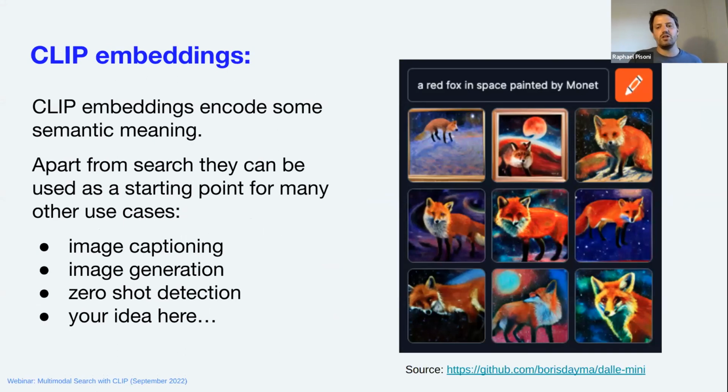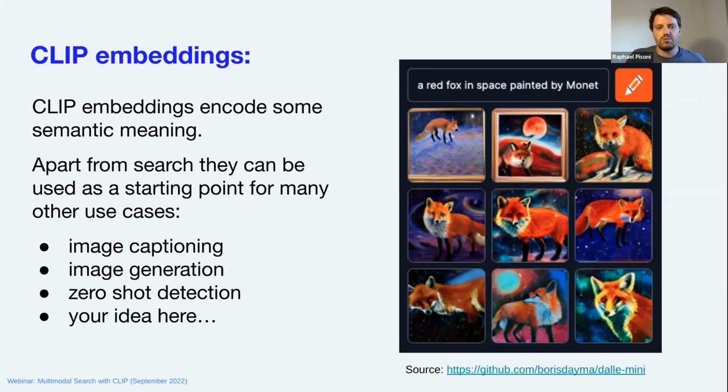So some other features of those Clip embeddings are that they have semantic meaning. So they can encode some things that appear in both images and the text. So some concepts that appear in both images and texts will be encoded in these embeddings. So apart from search, you can use those embeddings also, for example, for image captioning, for image generation, or for zero-shot detection, or maybe for something completely different that you might come up with.